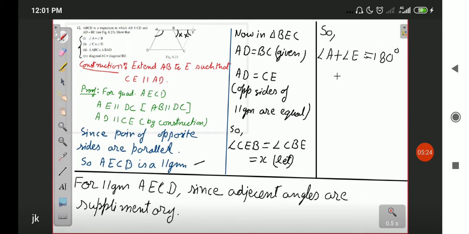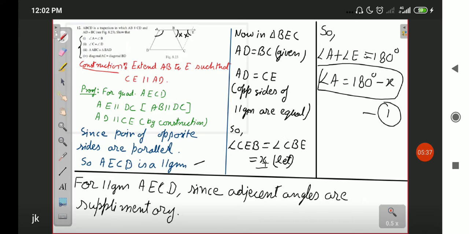Okay, and we already defined angle E as x, so angle A will be equal to 180 degrees minus x. We mark it as equation number 1.